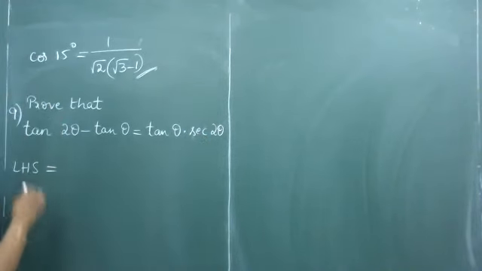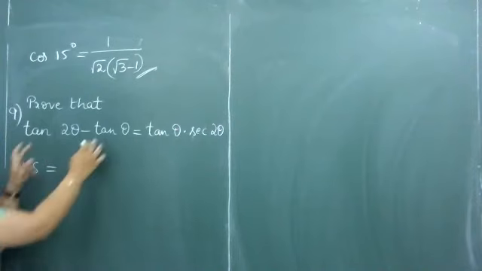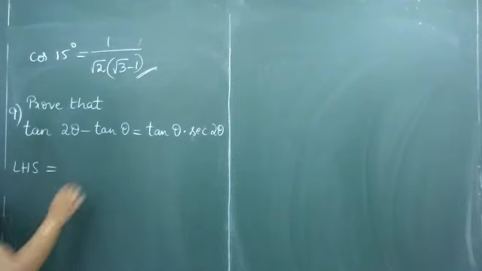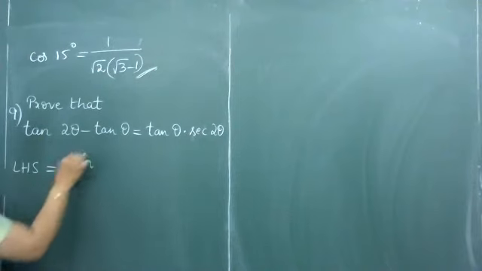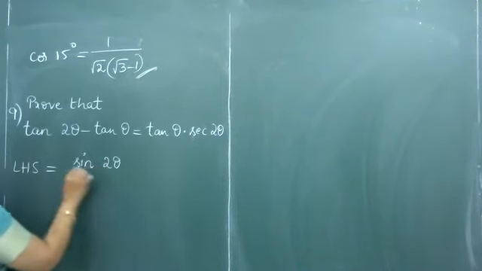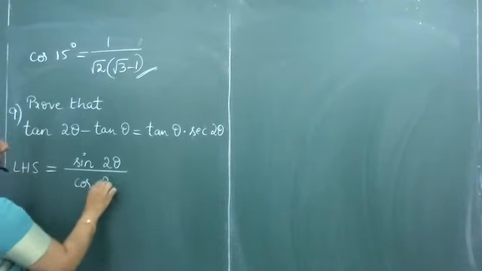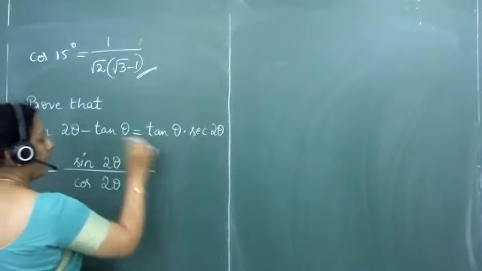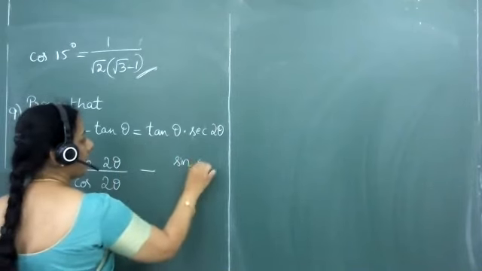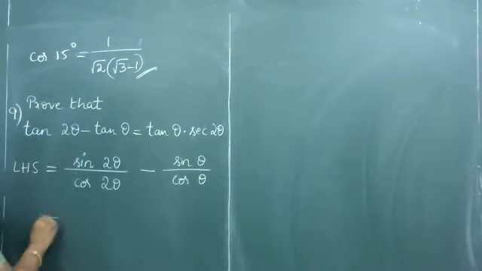Okay. So now to get the desired result here, tan 2 theta and tan theta, both the terms in the LHS, we will first rewrite in terms of sine and cos. Tan 2 theta will be taken as sine 2 theta divided by cos 2 theta, minus tan theta, which will be taken as sine theta divided by cos theta.